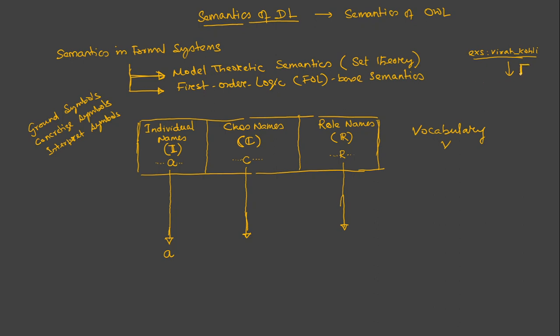So what does it do? It takes as input one symbol, like say EXS Virat Kohli, and maps that to one hypothetical person Virat Kohli. So here we are having the person Virat Kohli, right?